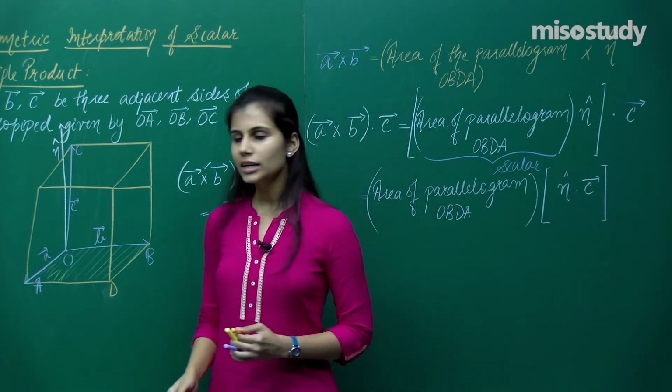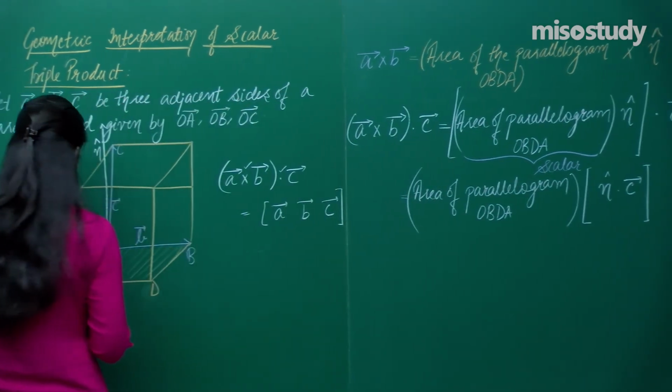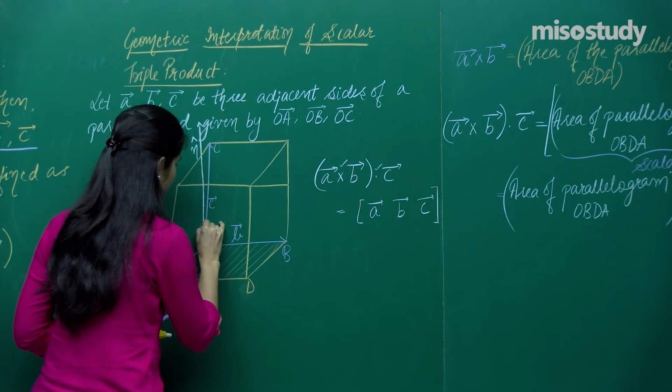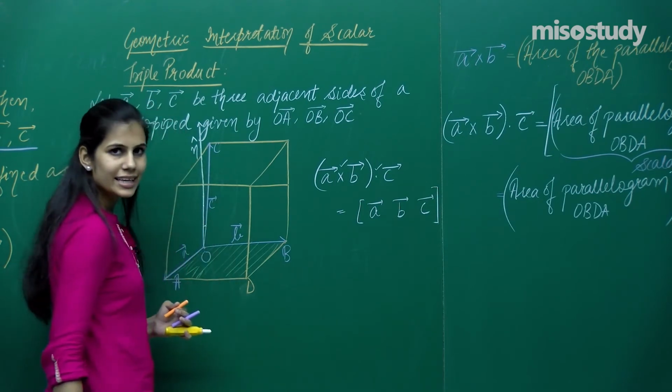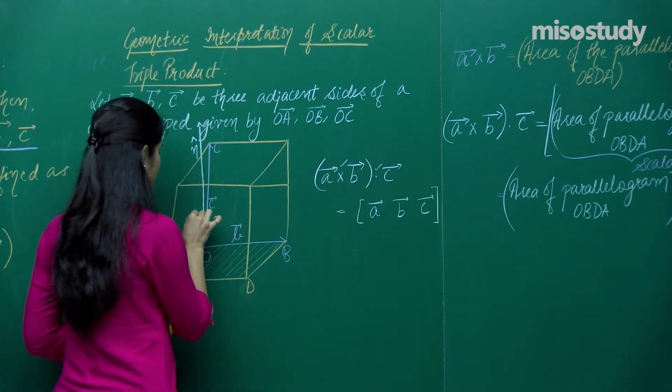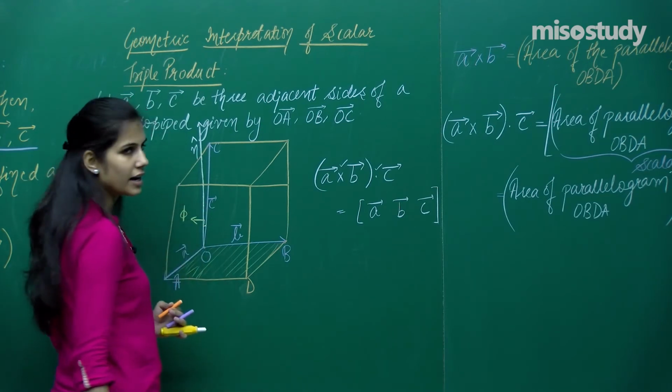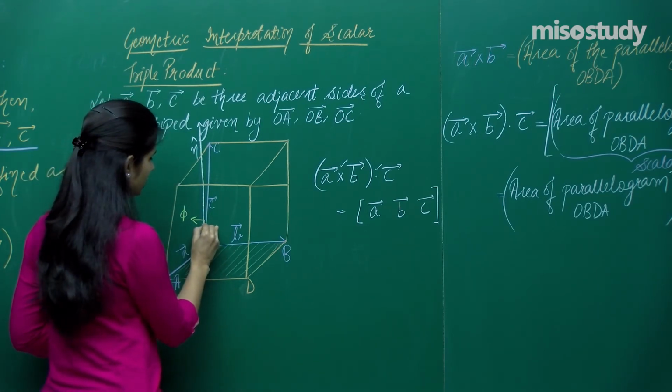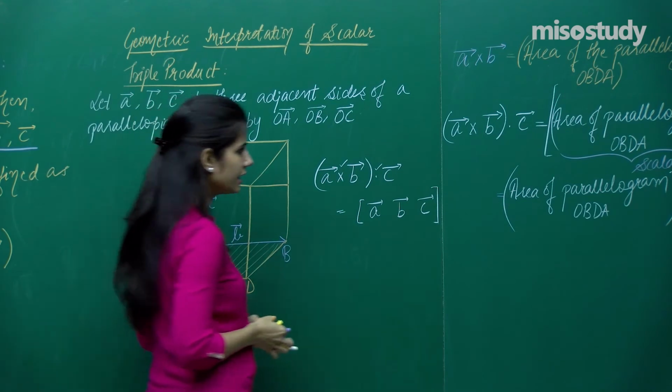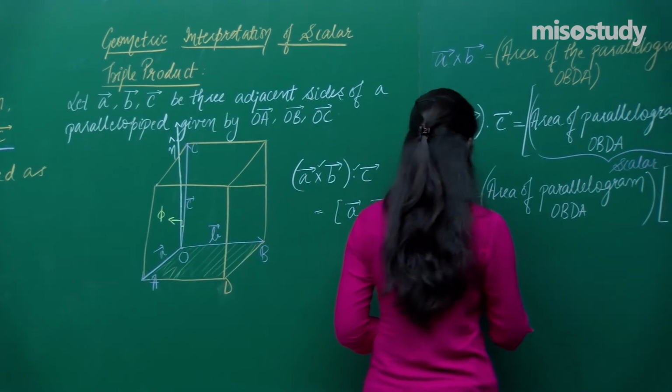Now for dot product, I need the angle between n cap and C vector. Suppose this small angle that you can see between n cap and C vector is angle phi. In that case, what is n cap dot C vector?